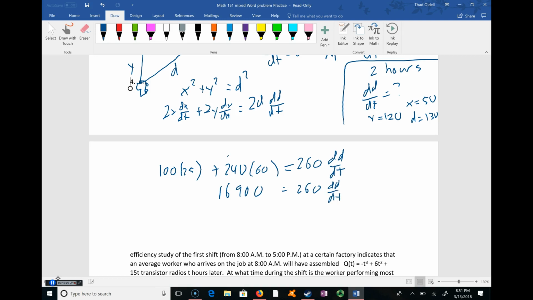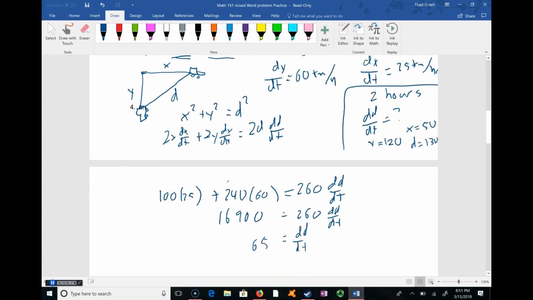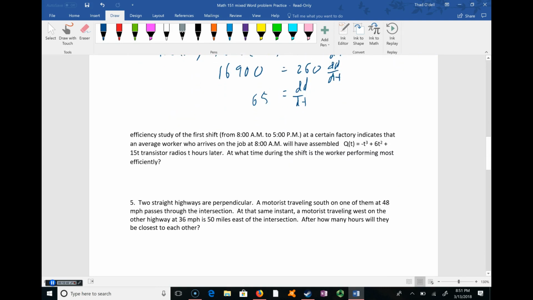So we divide that by 260, and we get 65 is equal to dd dt. So the distance is increasing at 65 kilometers per hour. Okay?